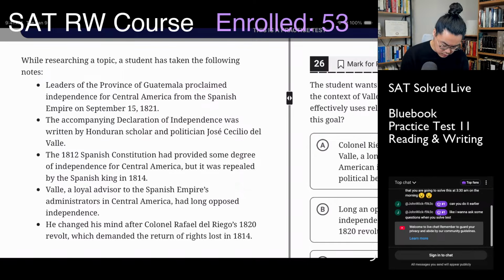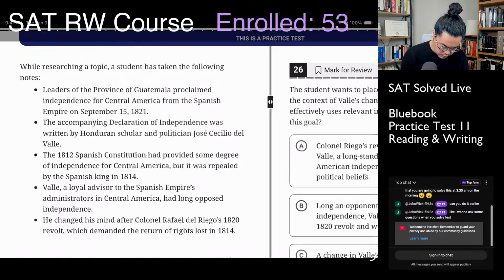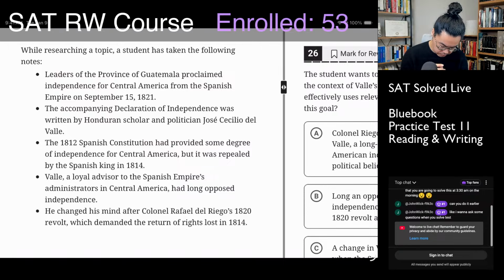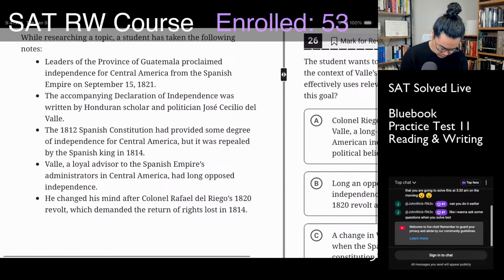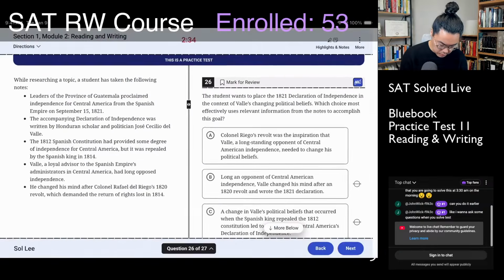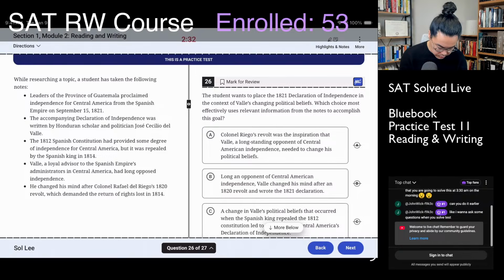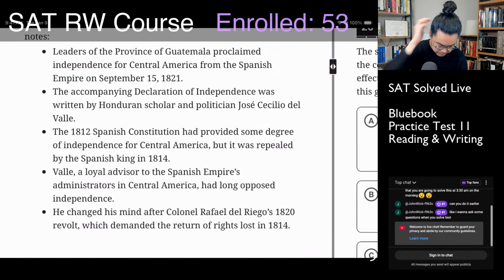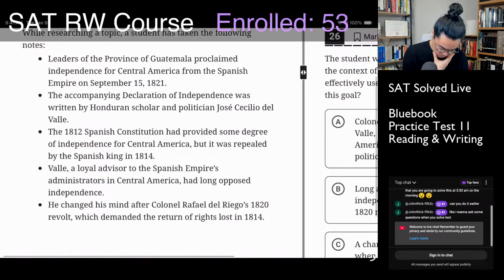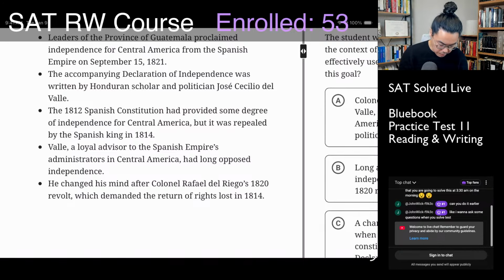Leaders of Guatemala proclaimed independence for Central America on September 15th, 1821. Spanish King, 1814. Oh, this is past. Okay, I'm a little lost, but placed in the context of his changing beliefs. Okay, so find his changing beliefs, which is the Valle. Valle, okay. Opposed independence, but changed his mind after the.